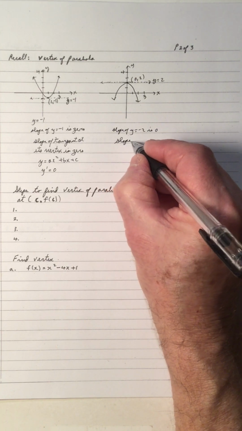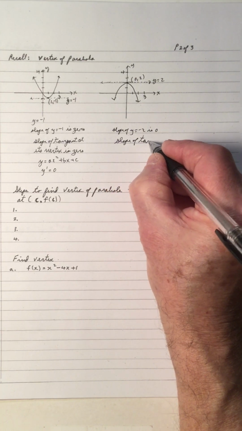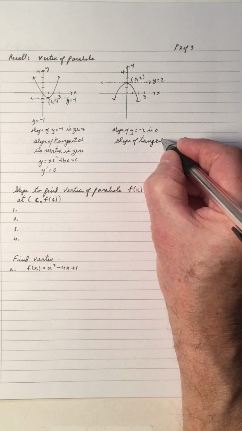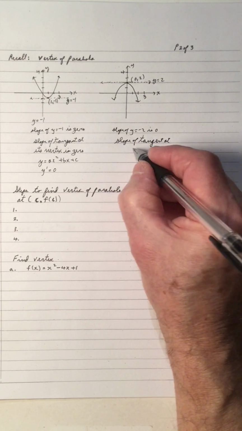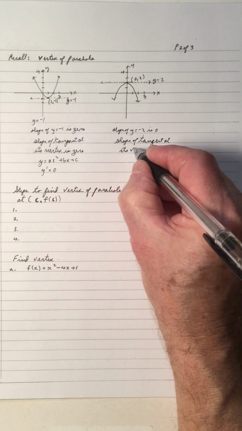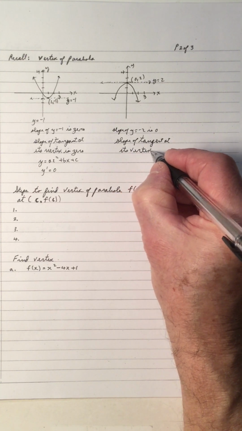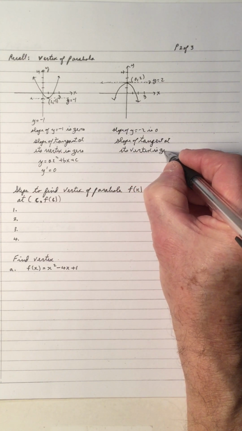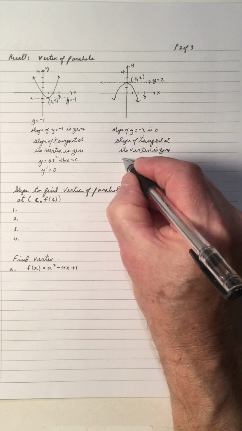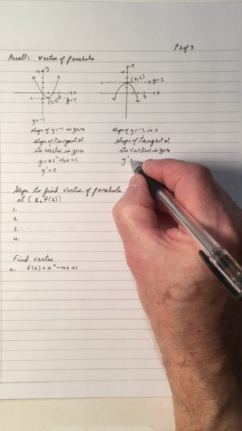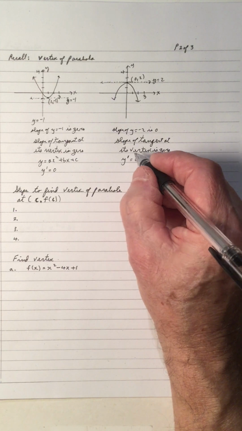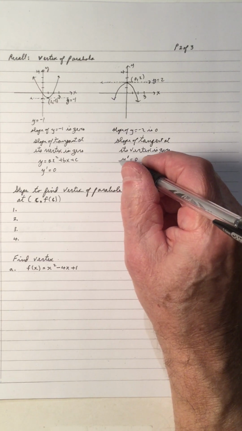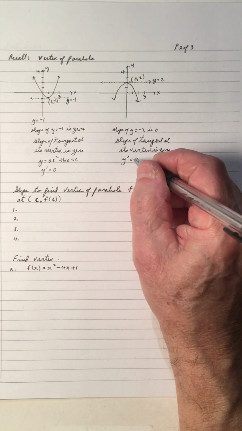Therefore, the slope of the tangent at its vertex is 0. And just to remind you, the derivative y prime is equal to 0. So the slope of the tangent at its vertex is 0, so its derivative is equal to 0.